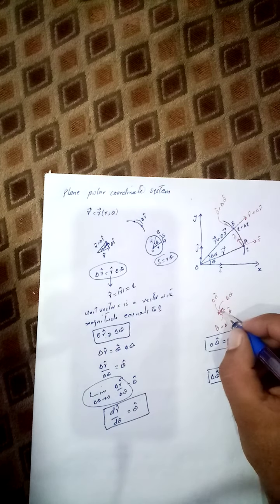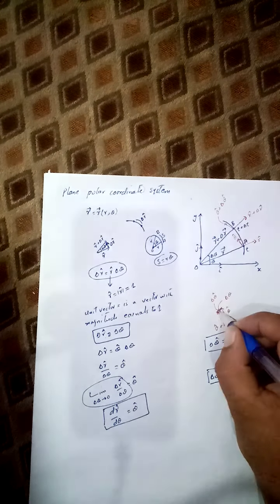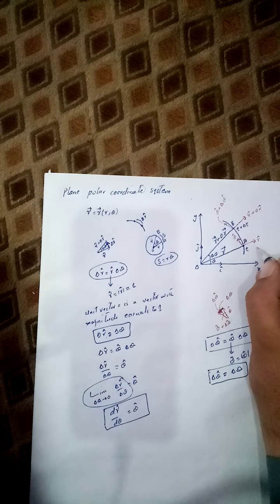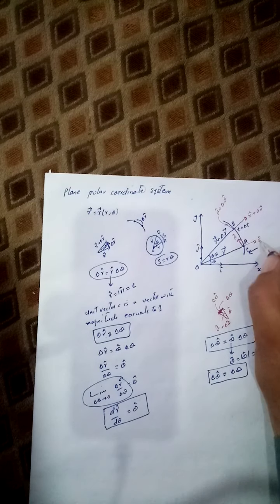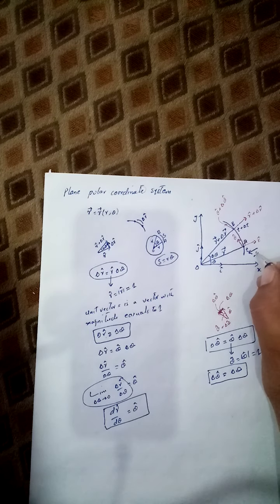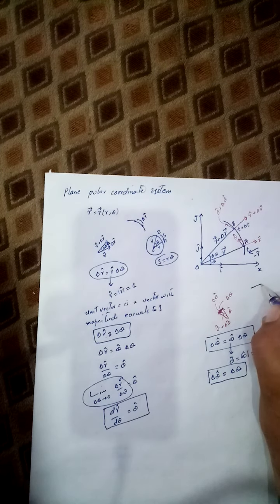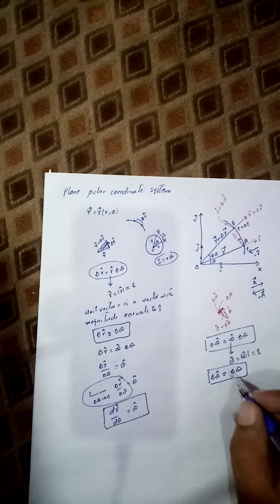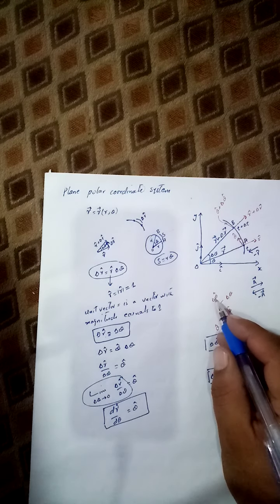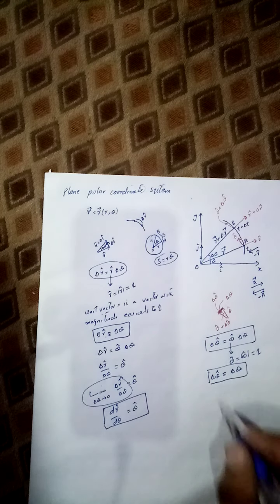The direction of delta theta cap is this one, which is basically anti-parallel to r cap. If this is r cap, then this will be minus r cap, because suppose we have a vector A, then its negative vector is represented by minus A. So the direction of delta theta cap will be minus r cap.